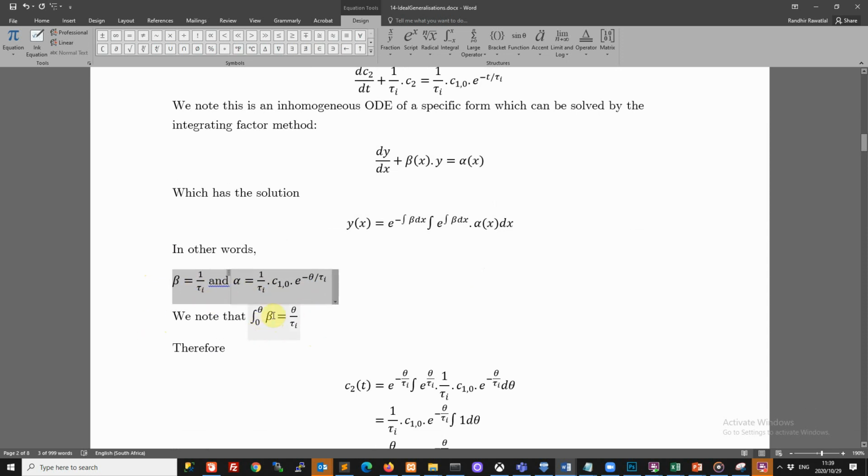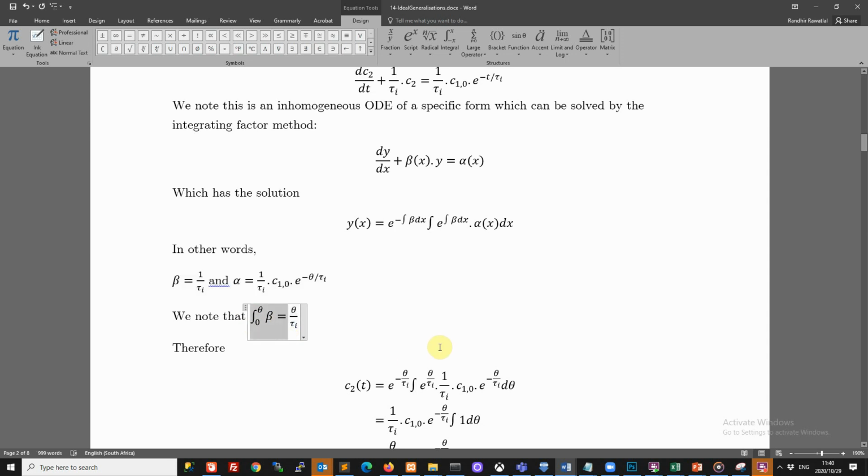We note here the integral of beta, and beta is a constant with respect to theta. So if you integrate this, you are going to get theta over tau i, and you are going over limits 0 to theta. Maybe I should do an intermediate step here.